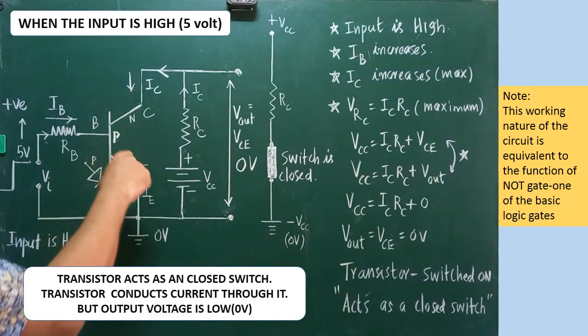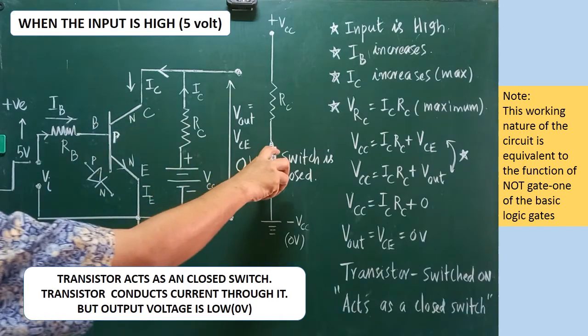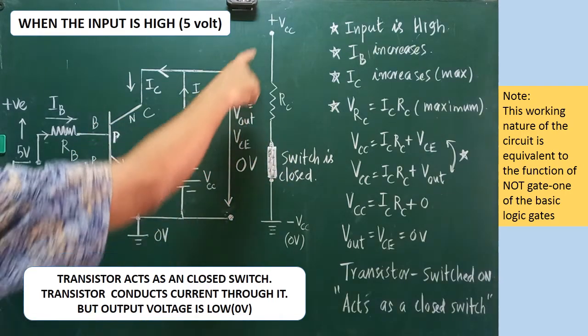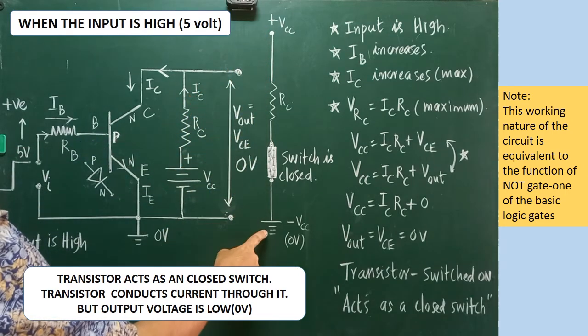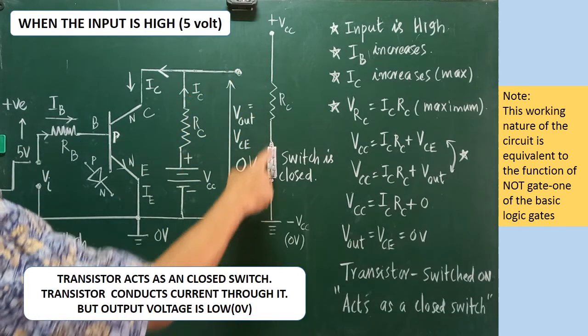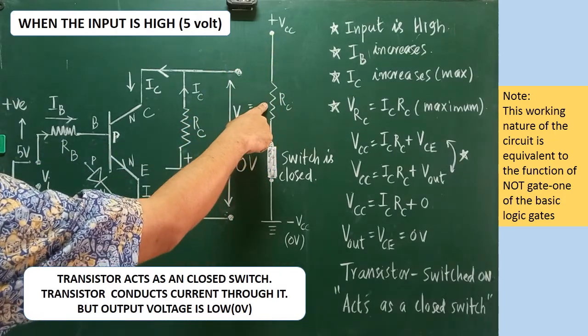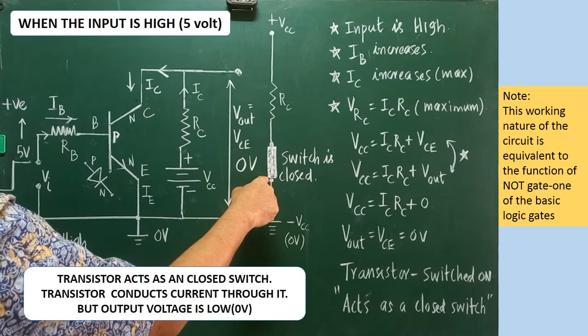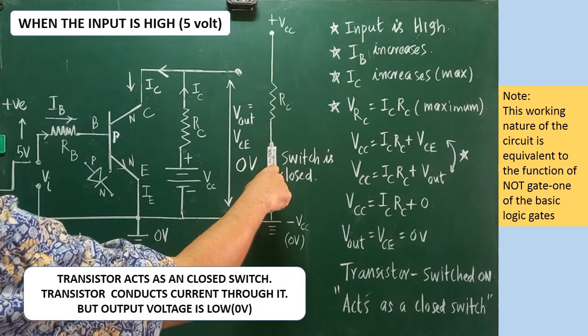Here also current flows through the transistor. This transistor part alone is to be compared with a switch. Look here, the positive VCC terminal is here, the negative VCC terminal is here. In between these two, one resistance is connected and then one switch is also connected. When the switch is in the closed state, what will happen?